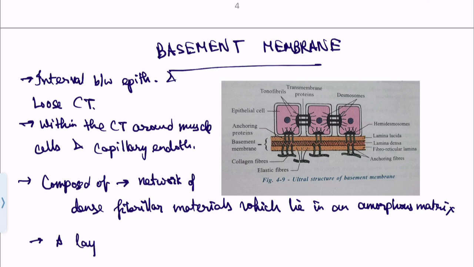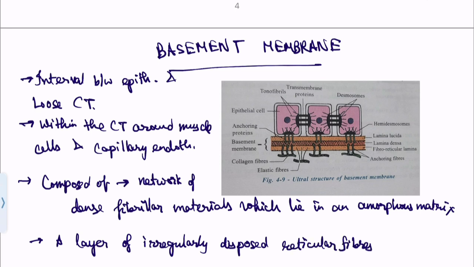A layer of irregularly disposed reticular fibers intervene between basal lamina or the basement membrane and adjacent connective tissue.